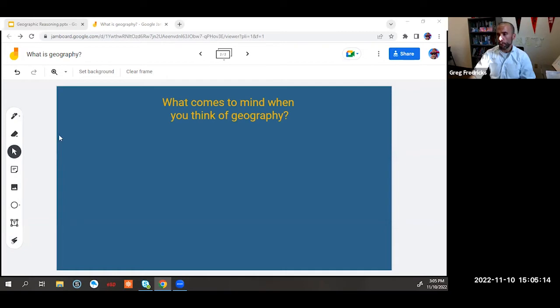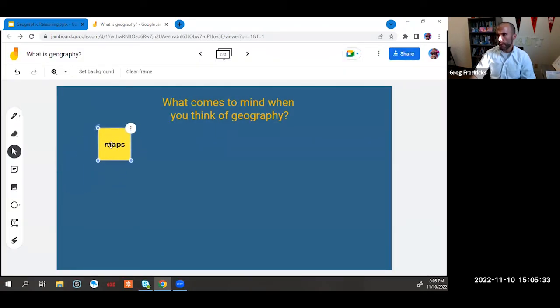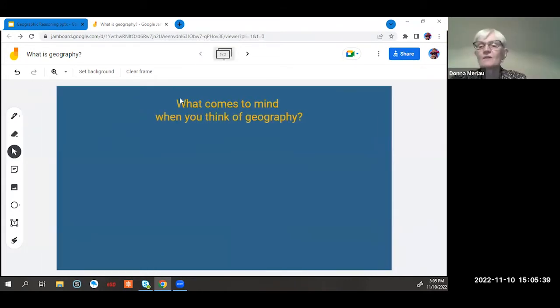If you're not familiar with Jamboard, on the left-hand side you'll notice that there are 8 icons. The fourth icon down is the sticky note function. If you click on it, it opens up a virtual sticky note, which you can type into. When you click save, it will generate a sticky note, and then you can drag and drop that anywhere on the screen. We could take the next minute or so to think about that and put your thoughts in there.